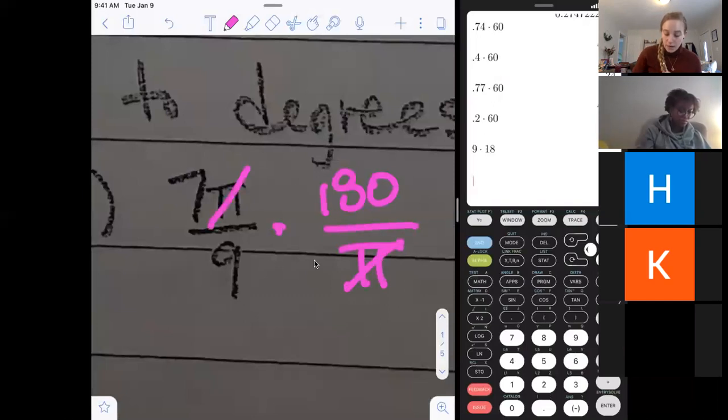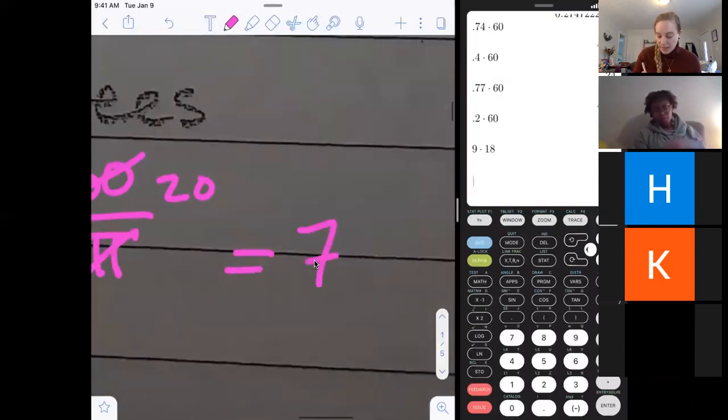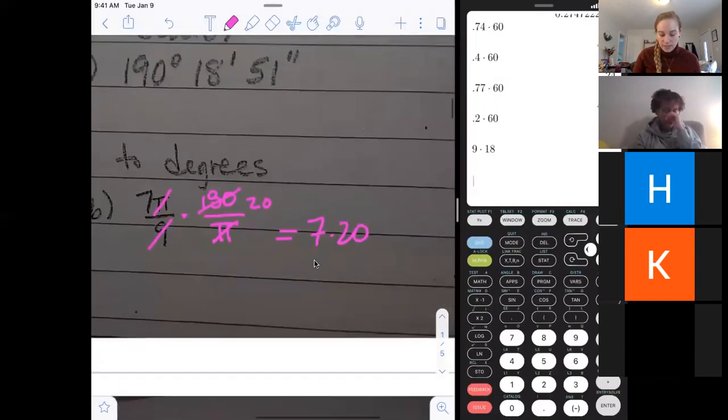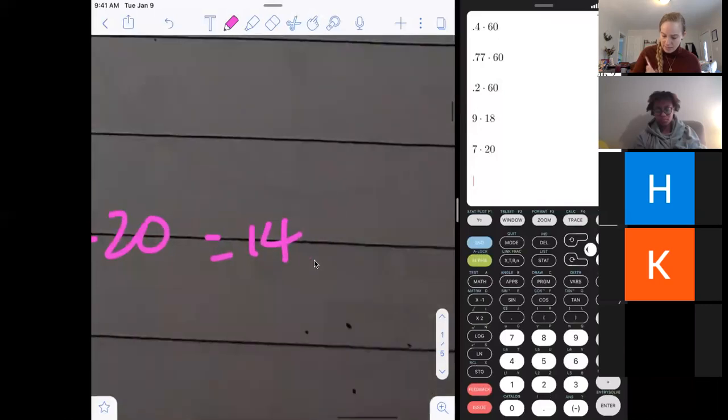The pi's cross out. And then 9 and 180 have a common factor of 9. So 20 times 9 is 180. Again, you can do 7 times 20 and then just write that down, but I've got a lot going on. So I'm going to remind myself, okay, I got rid of everything else. All I'm left with is 7 times 20. So I'm going to do 7 times 20 and get 140. I don't know why I did that in the calculator. That was embarrassing. I know that.